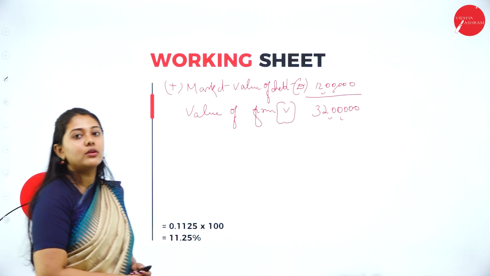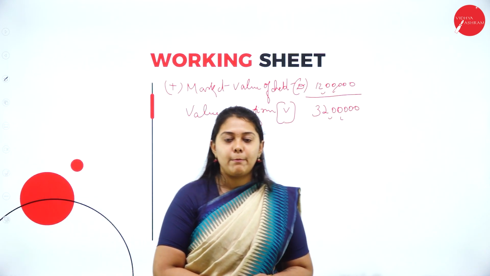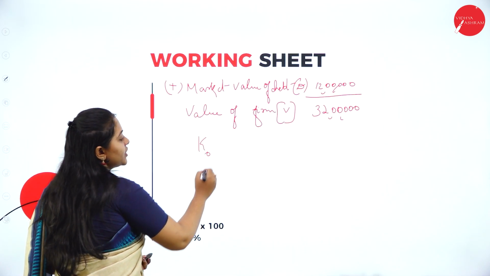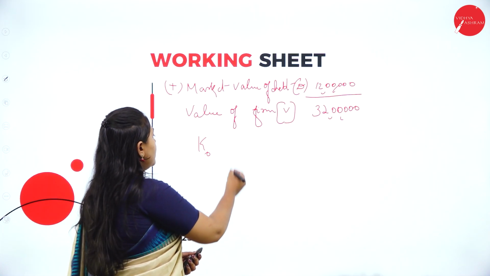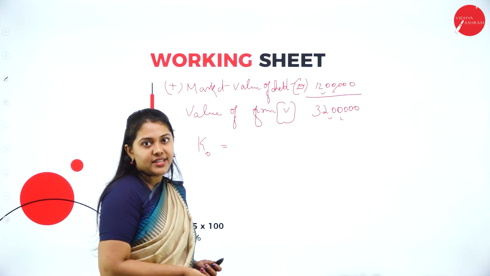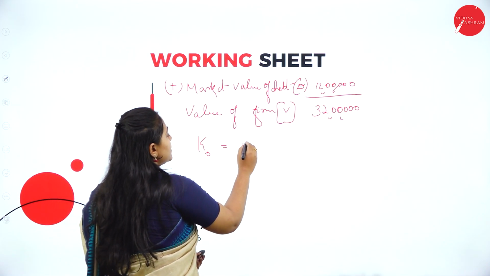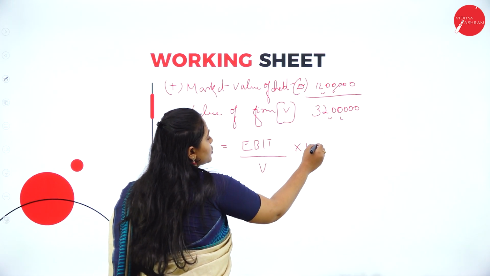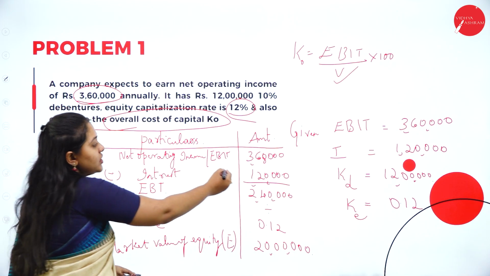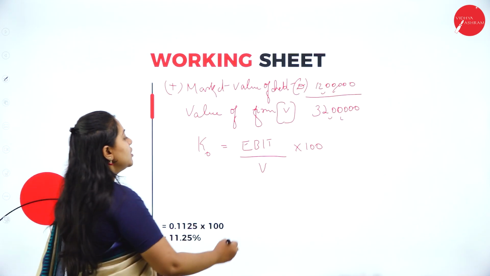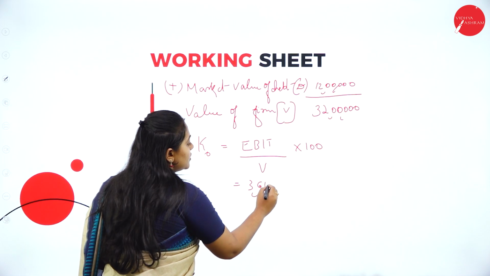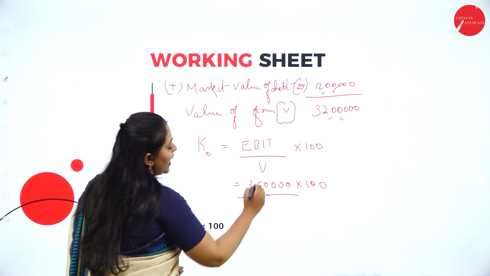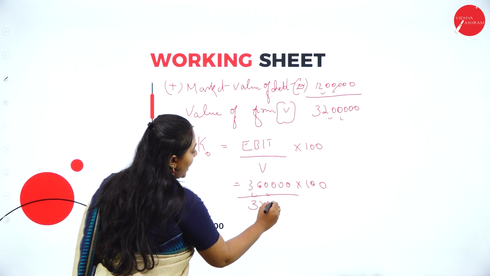Now let us calculate your overall cost of capital, the overall capitalization rate. Symbolically it is represented as K naught, which is equal to EBIT divided by value of firm into 100. What is your EBIT given in the question? 3,60,000. So 3,60,000 into 100 divided by the value of the firm, 32 lakhs.